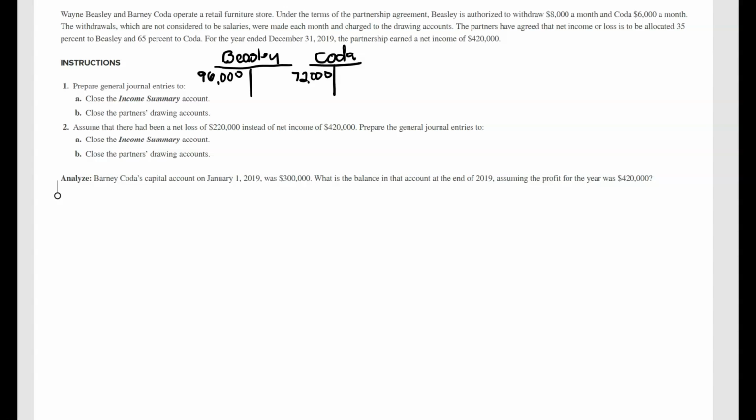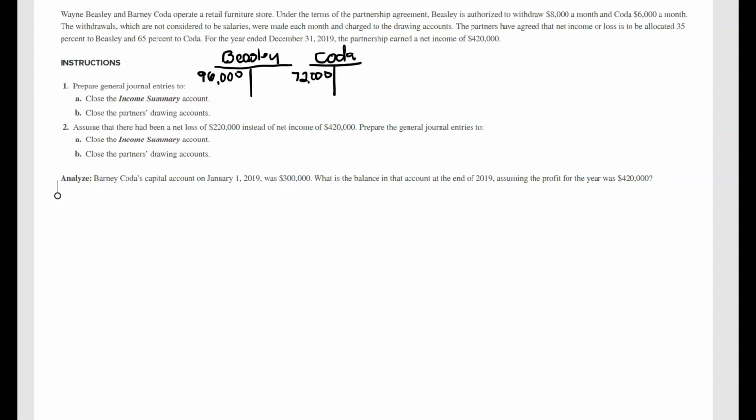The partners have agreed that net income and loss will be allocated 35% to Beasley and 65% to Coda. The net income for the year was $420,000. So we're going to have to calculate that.